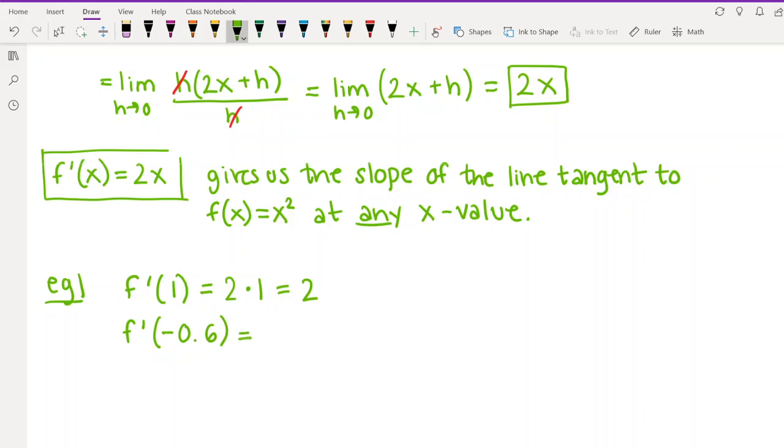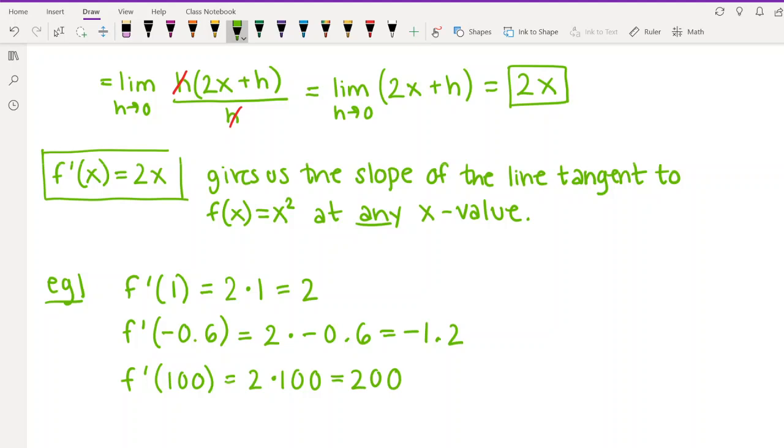Well, without having to calculate an entire limit again, I can just say, oh, well, it's just going to be 2 times negative 0.6. And so it's going to be negative 1.2. Or if I wanted to know what's the slope of the tangent line at x equal to 100, I just plug in 100 and I say, oh, it's 2 times 100, so the slope is apparently 200. So we can now find the slope of the tangent line at any x value using this formula.